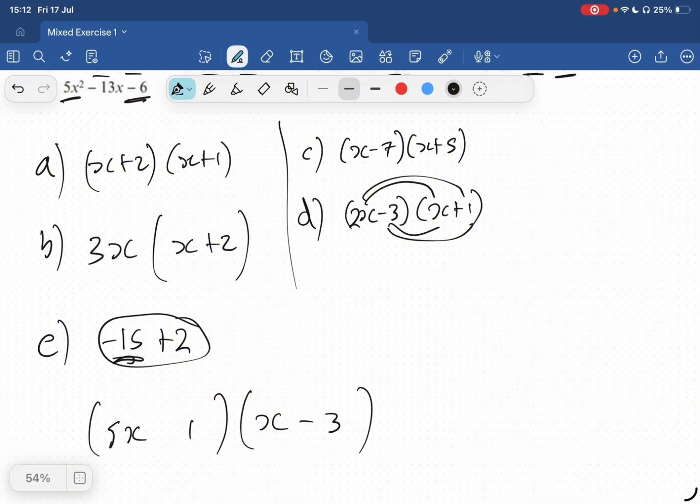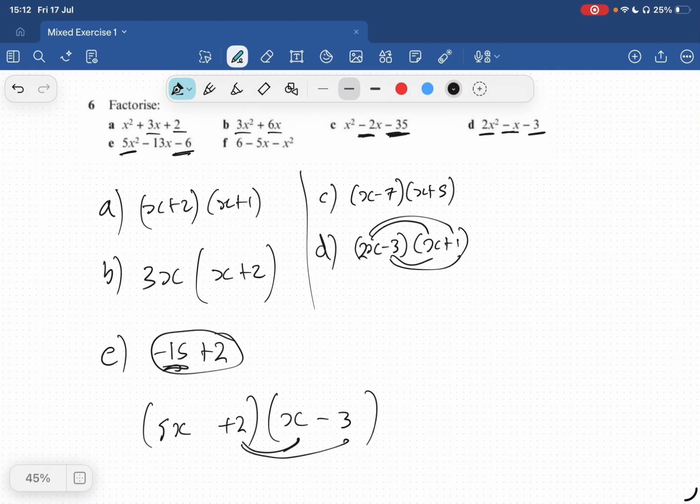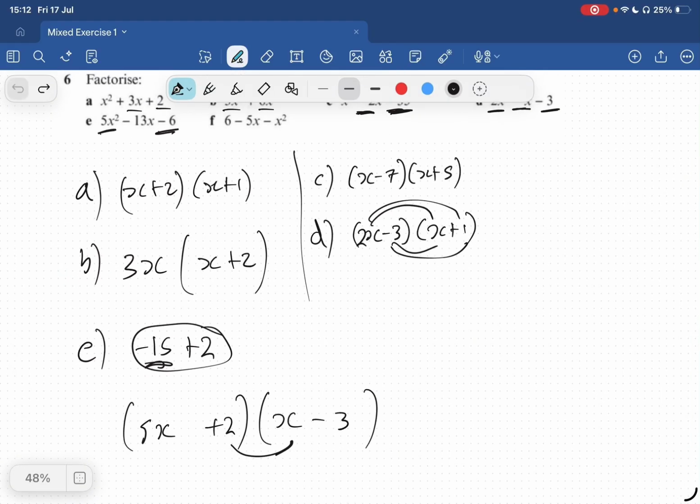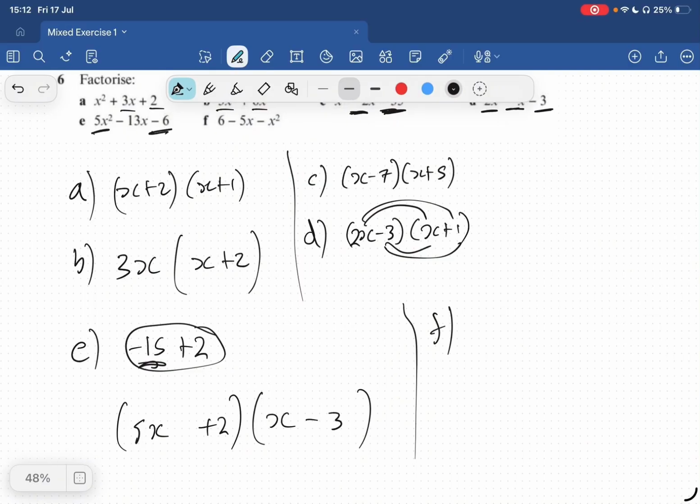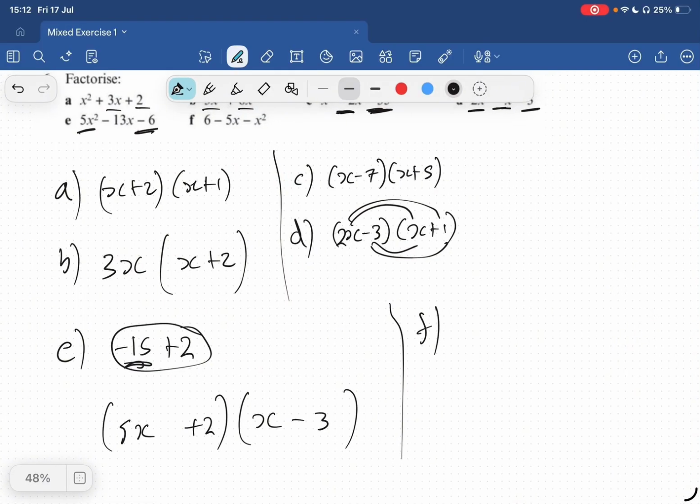Then our positive 2 goes here, which will times to make our negative 6 and our plus 2x. And yes, then we can check. Hopefully that understanding makes sense. We should be doing this type of stuff at GCSE. It's a nice little recap, so I can skip some of the steps. But if you're really struggling, just comment below.